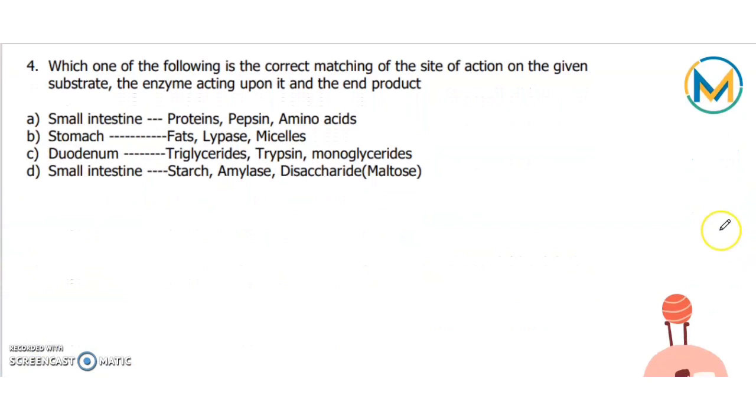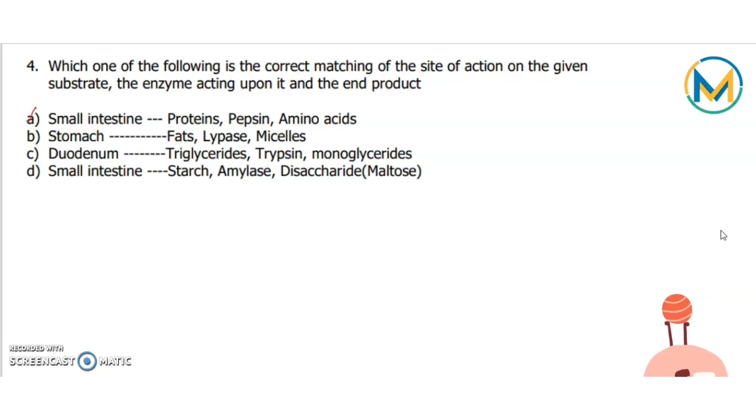Which one of the following is the correct matching of the site of action on the given substrate, enzyme acting upon it and the end product? Now the option A is small intestine, which is the site of action. Substrate is protein. Enzyme acting is pepsin and the end product is amino acid. No doubt protein will give amino acid, but the enzyme pepsin is released in stomach and not in small intestine.